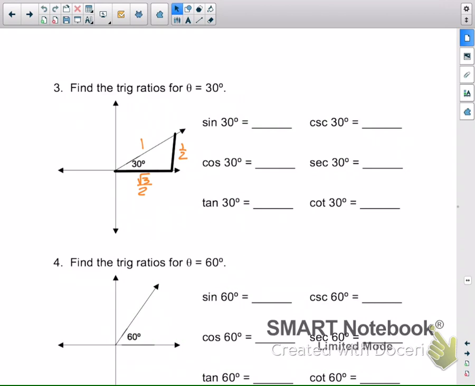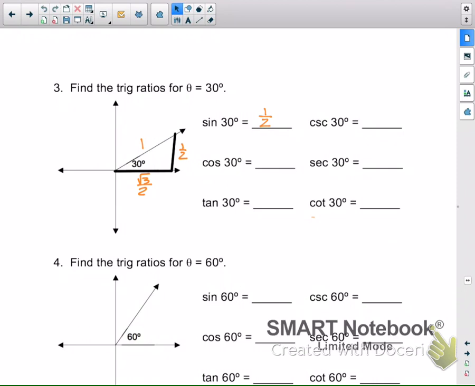So it works the same way. If I was setting up the sine value of 30 degrees, I would say, all right, what's the opposite? Well, 1/2 divided by the hypotenuse of 1 is just 1/2. Again, in your chart, under 30 degrees, if you look at sine, you do see 1/2.